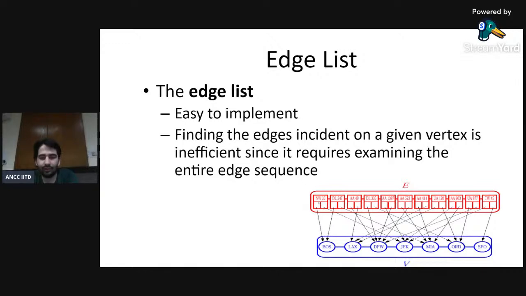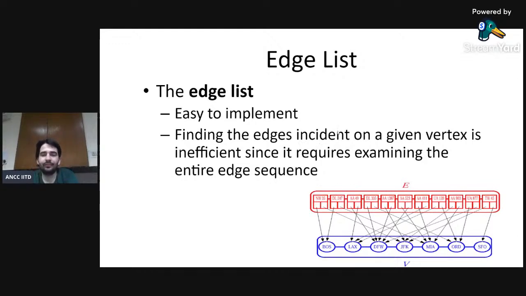So consider this edge, NW35. This has an edge from BOS to JFK, and the next element in the list is DL247. This has an edge from Boston to John F. Kennedy to MIA, and AA49. This has an edge from DFW to LAX, and so on.